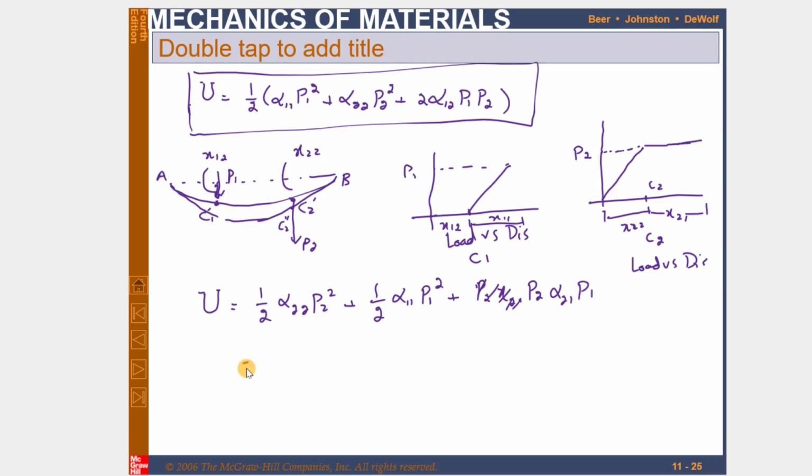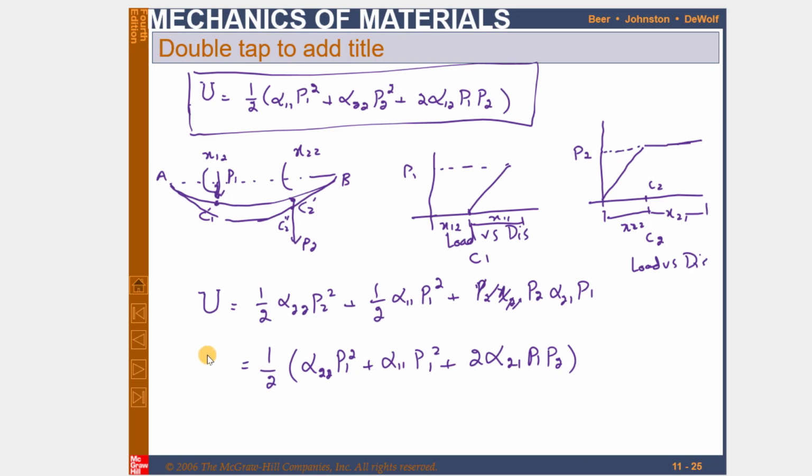Clear? So if I take 1/2 common from this, it will be equal to 1/2 of A22 into P2 square plus A11 into P1 square plus 2 times A21 into P1 into P2.